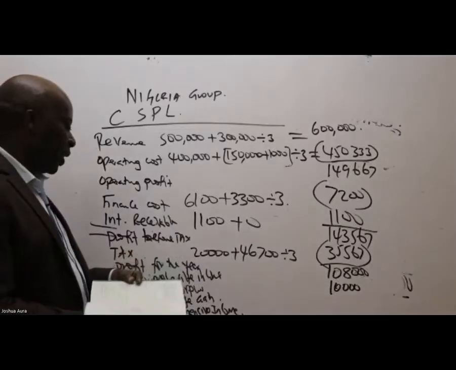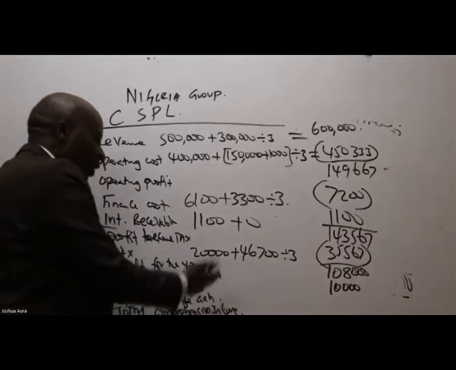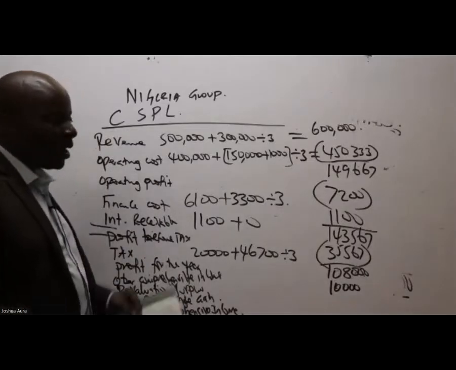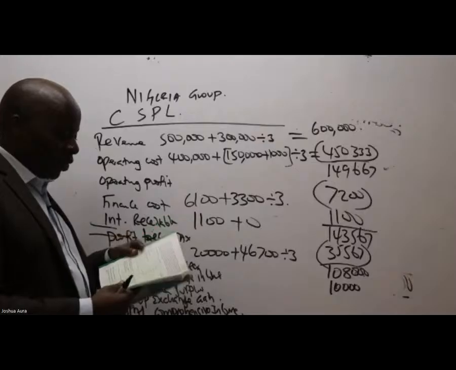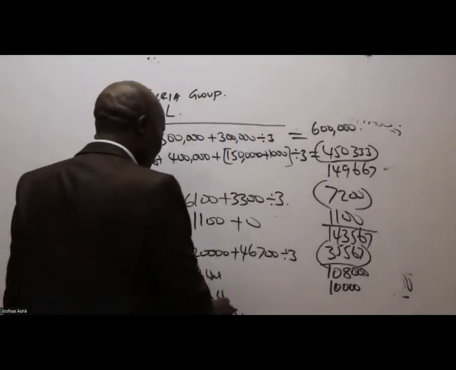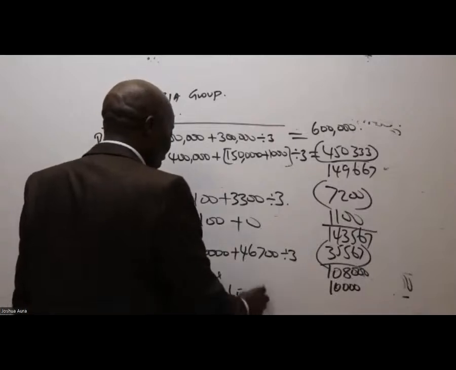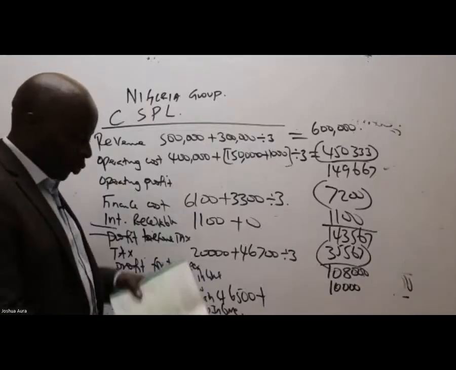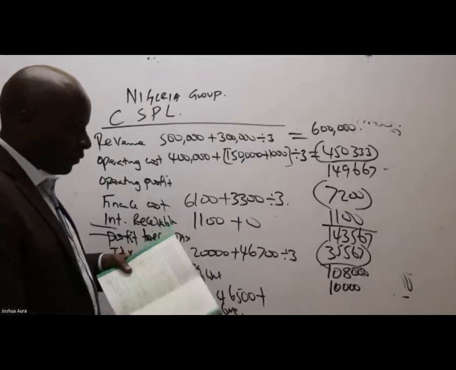The group exchange gain, don't share. You take the whole figures before sharing. Before sharing, are you able to give us those group exchange gains? I remember one of them was 4,600 for the net assets. And for the goodwill, the group exchange gain, don't share. For goodwill, 77.5, was it goodwill?